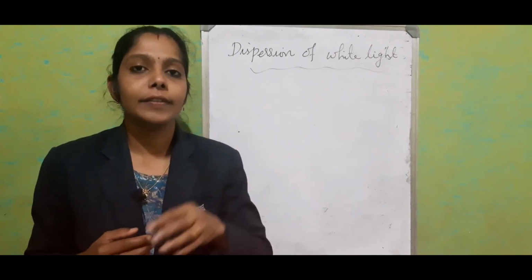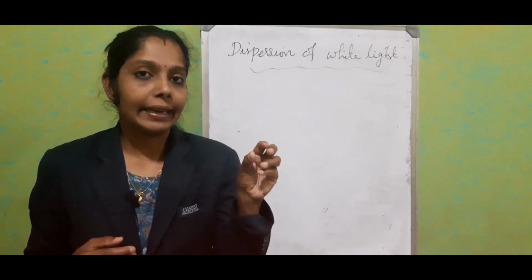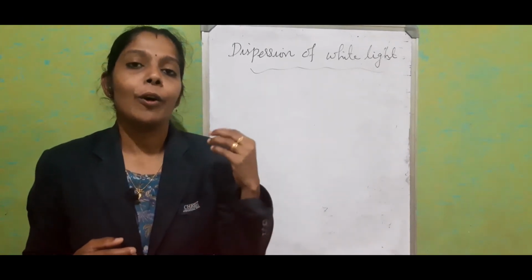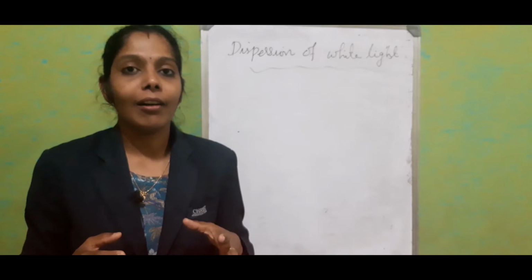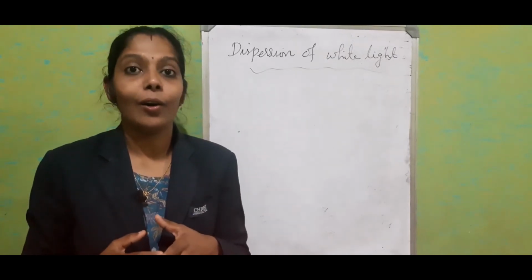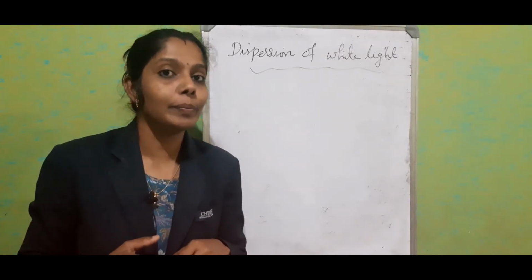Then on the path of the light, he kept a prism. On the other side, he got 7 colors, our rainbow colors, VIBGYOR.